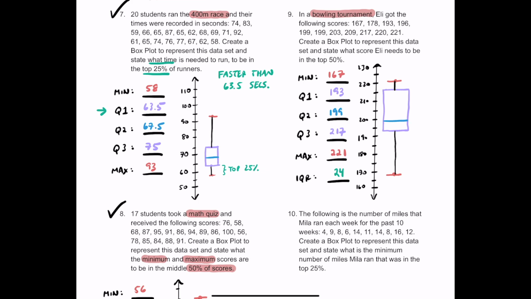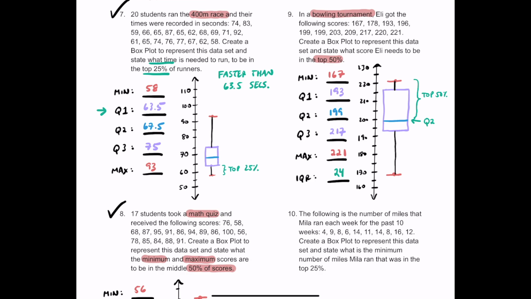Now, what's the question they ask us? State what score Eli needs to be in the top 50%. So that's going to be top 50% of scores. Again, higher scores are better here. So this right here lets us know this is where Q2 or the median is. This is the top 50% of the data.